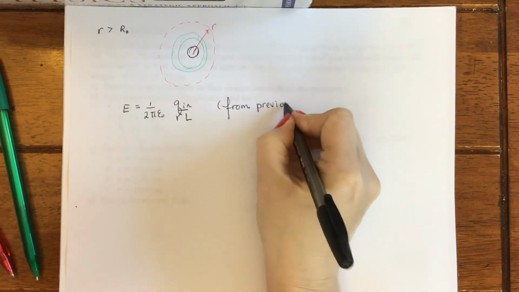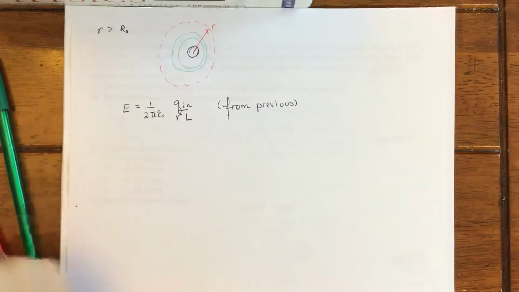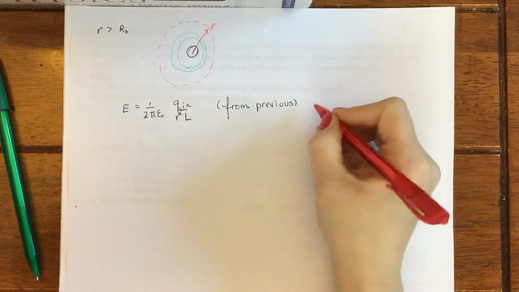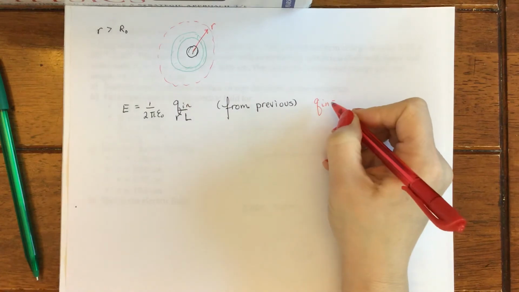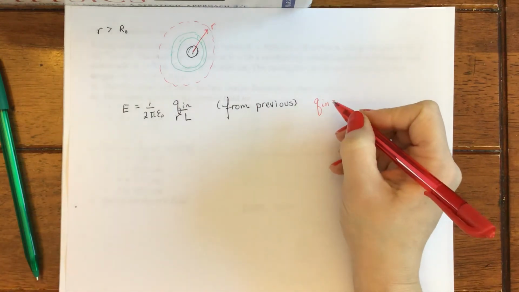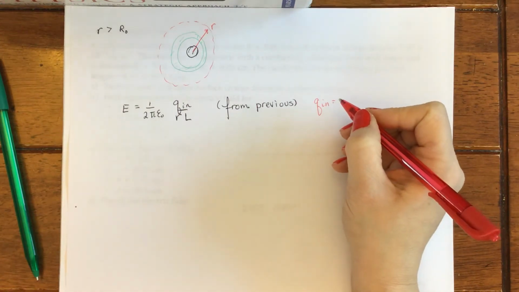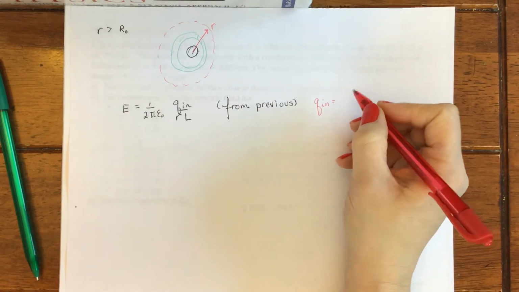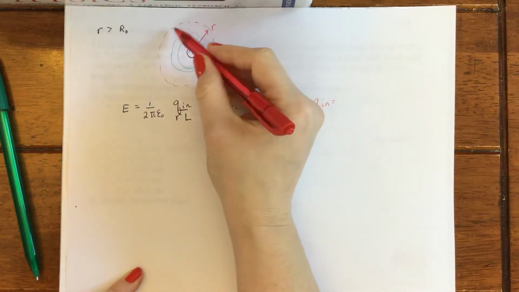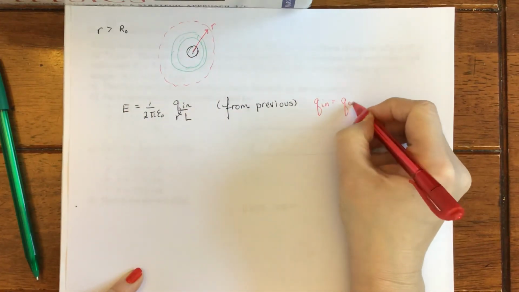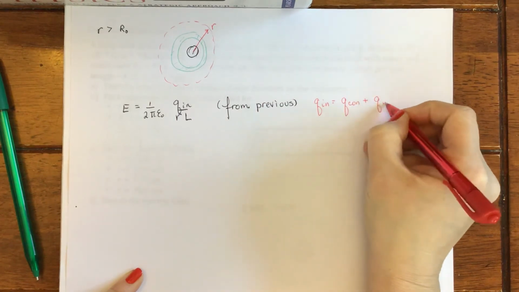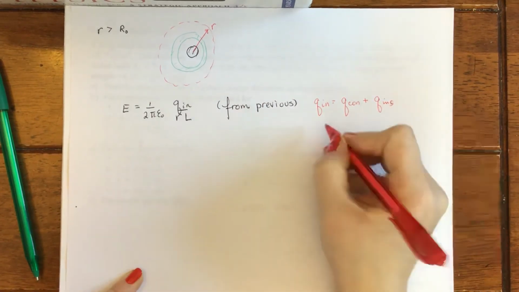So then the big question is, what is the charge inside the Gaussian surface? So Q inside the Gaussian surface is whatever charge is on the conductor plus whatever charge is on the insulator. So we add up those 2 charges, and then that'll give us the net charge. So the charged objects inside our Gaussian surface are the conductor and the insulator. So we find those net charges and we can add them together.